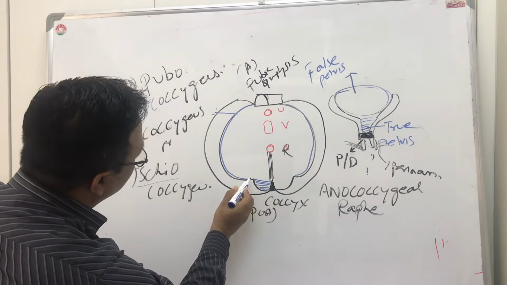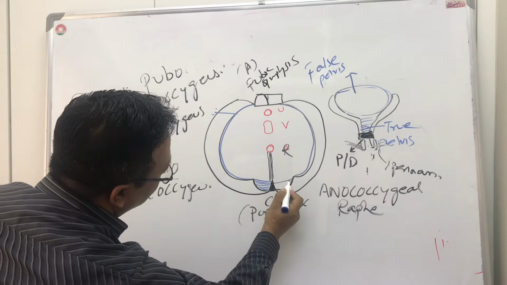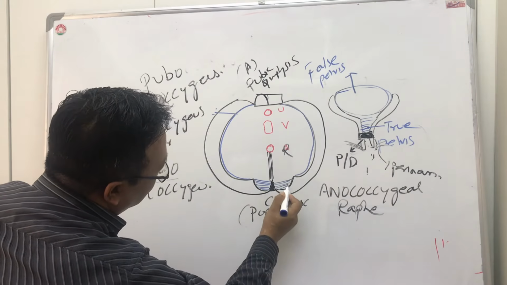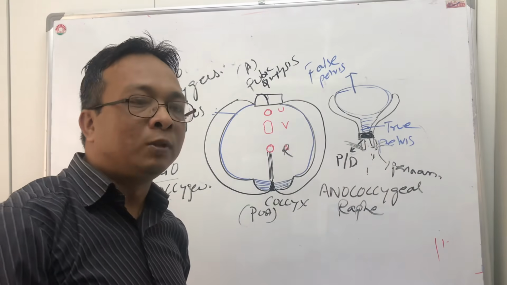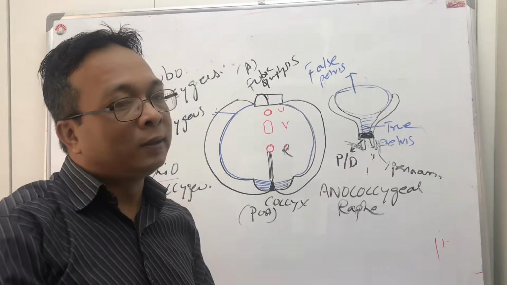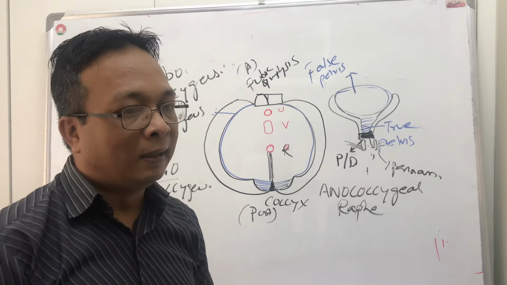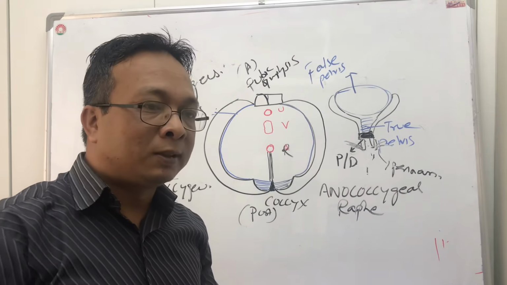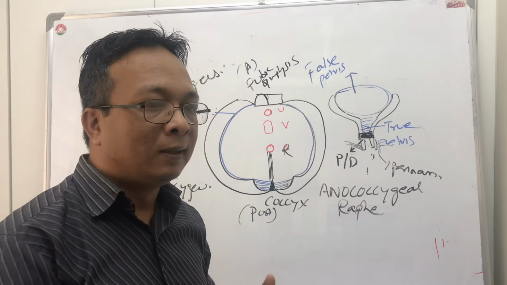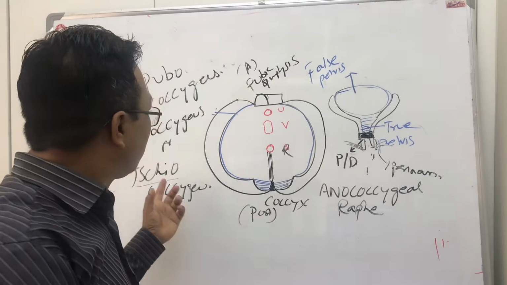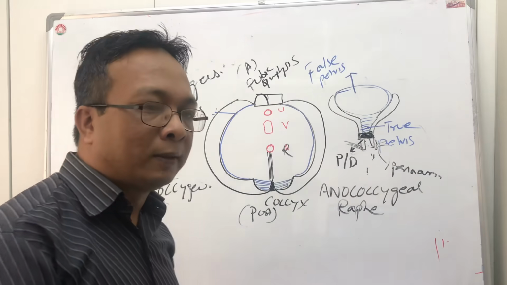From the ischial spine to the coccyx, both sides. This muscle, ischiococcygeus, is not so well developed in human beings. It is more needed in mammals where there is a tail. That's why it's also called a tail muscle, because dogs need to control the movement of the tail. So to move the tail, this ischiococcygeus is required.